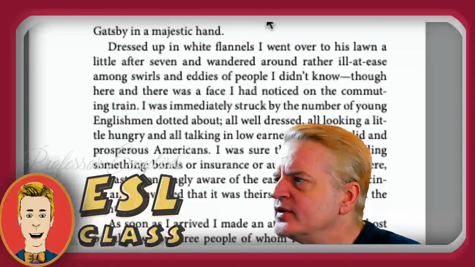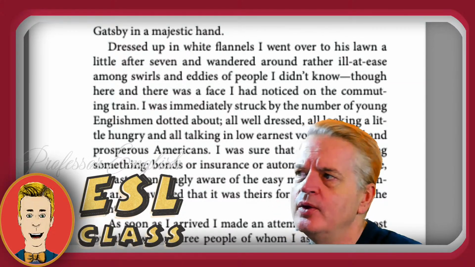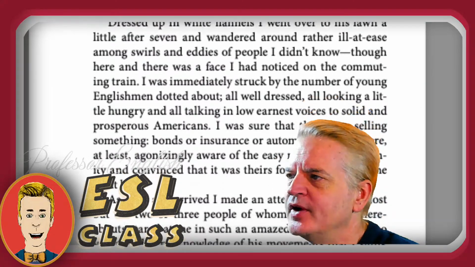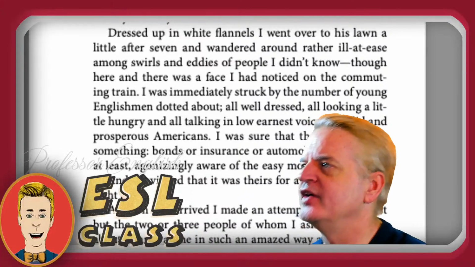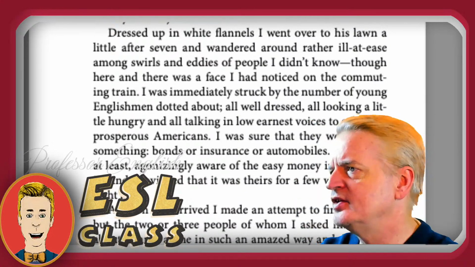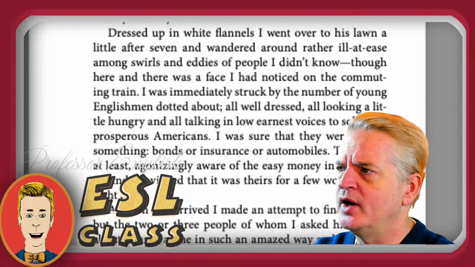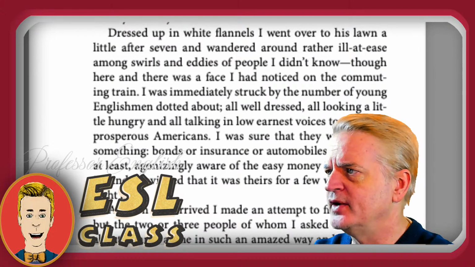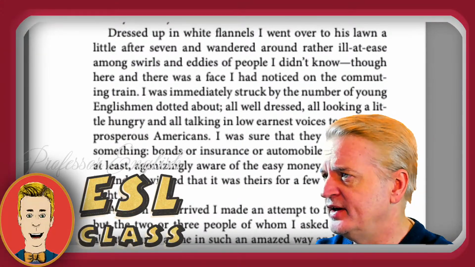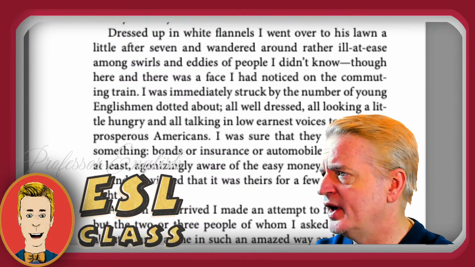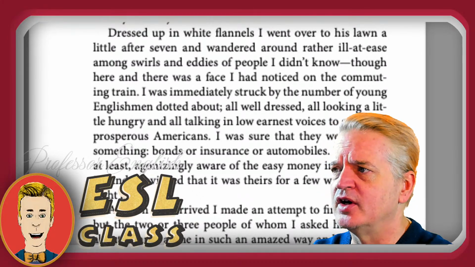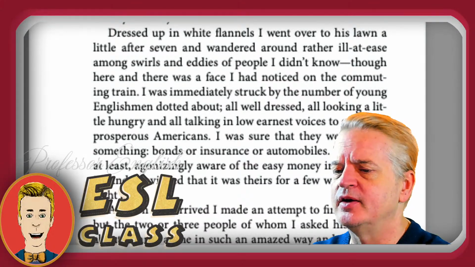Let's read it again, and I'll stop when I find it. Dressed up in white flannels, I went over to his lawn a little after 7 and wandered around rather ill at ease among the swirls and eddies of people I didn't know, though here and there was a face I had noticed on the commuting train. I was immediately struck by the number of young Englishmen dotted about.